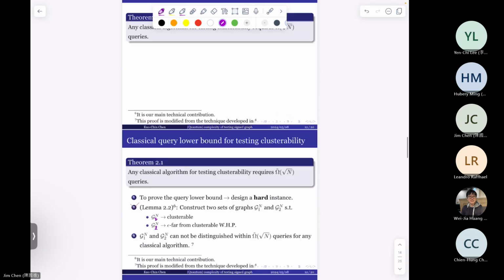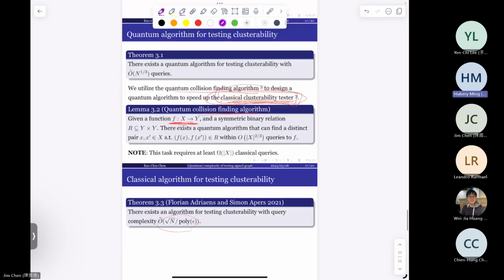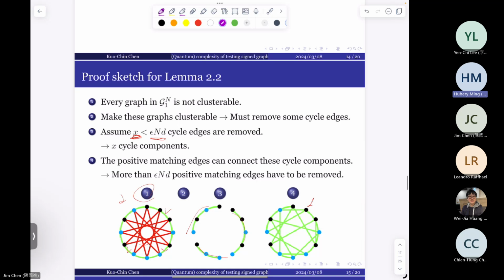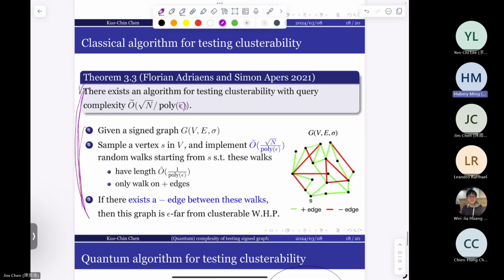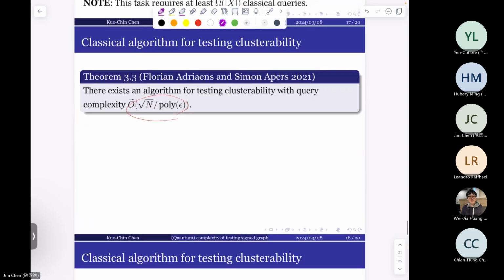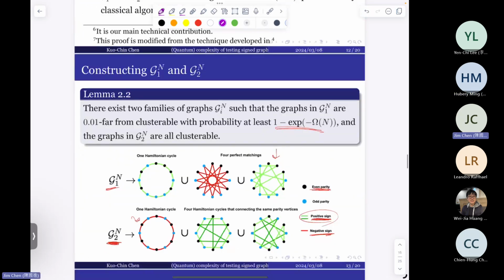I can see why you use the collision algorithm to check clusterability with this quantum algorithm, but I don't see why you need to construct two different graphs in this case. Oh, sorry. Constructing the graphs is for proving the classical query lower bound.